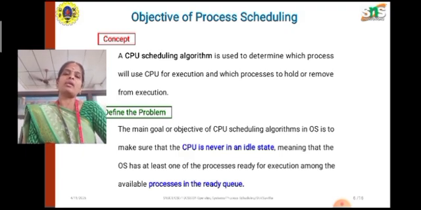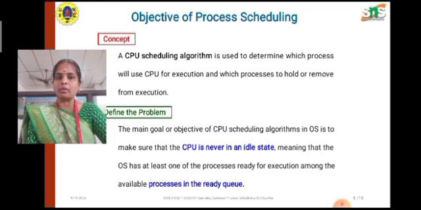This is the basic concept of scheduling. The objective of CPU scheduling is to make sure that the operating system schedules the CPU in such a way that the CPU is not idle at any moment, and has at least one process to execute at a particular moment. That is very important in the objective of process scheduling.